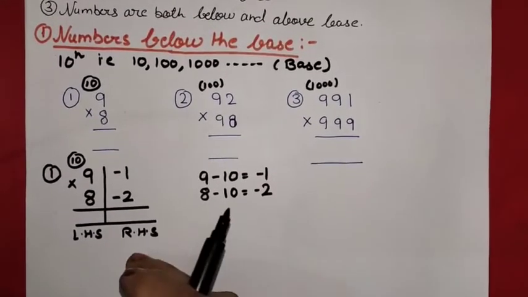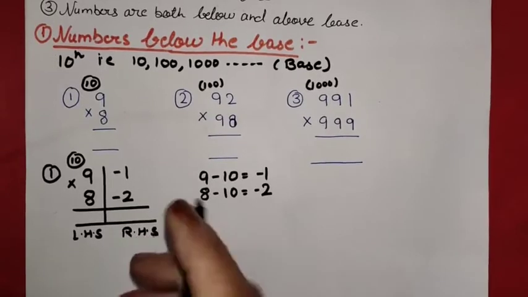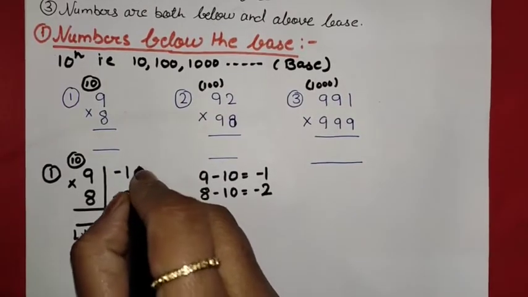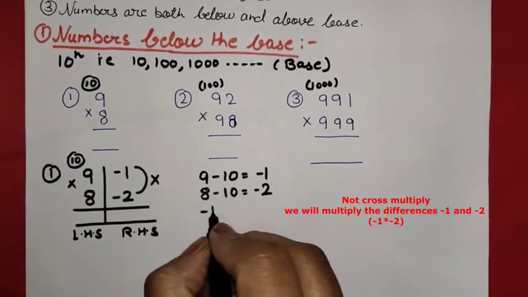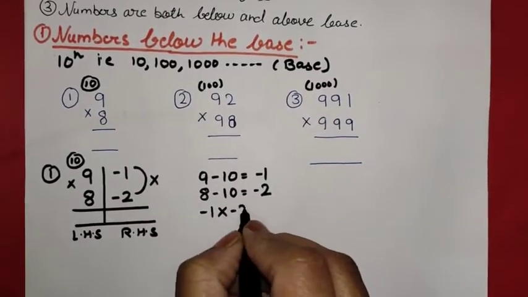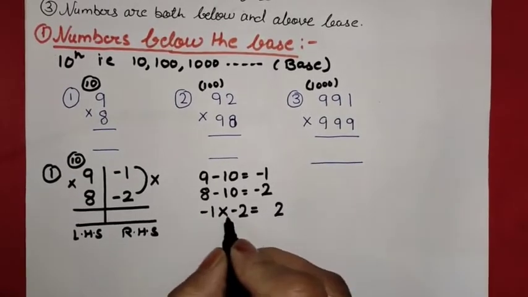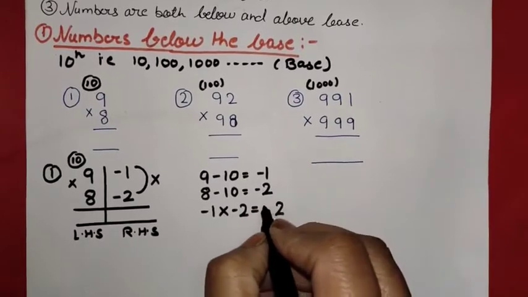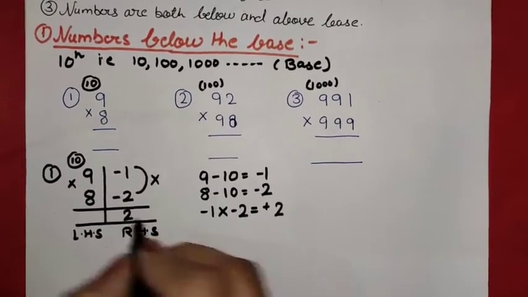Now, for the right hand side answer, we will simply cross multiply our differences. Minus 1 multiplied by minus 2. 2 ones are 2. And when we multiply two minus signs, it will give us a positive sign. So 2 ones are 2.